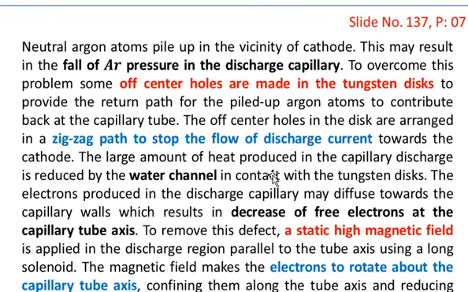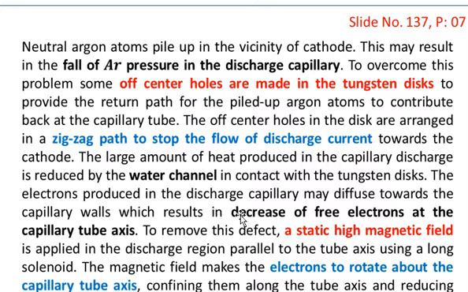The large amount of heat produced in the capillary discharge is reduced by the water channel in contact with the tungsten discs. The electrons produced in the discharge capillary may diffuse towards the capillary walls, which results in a decrease of free electrons at the capillary tube axis. So let me read again.